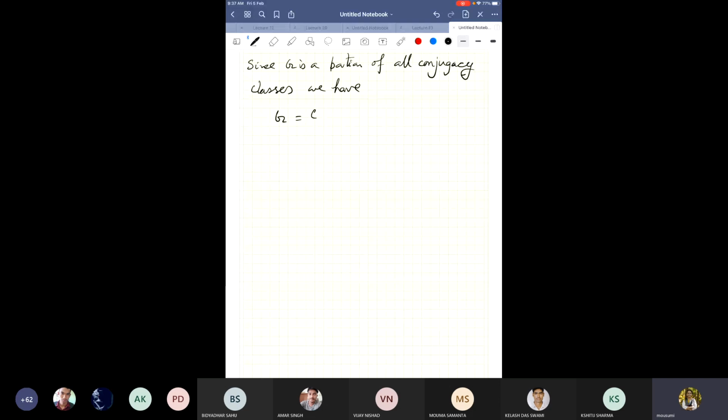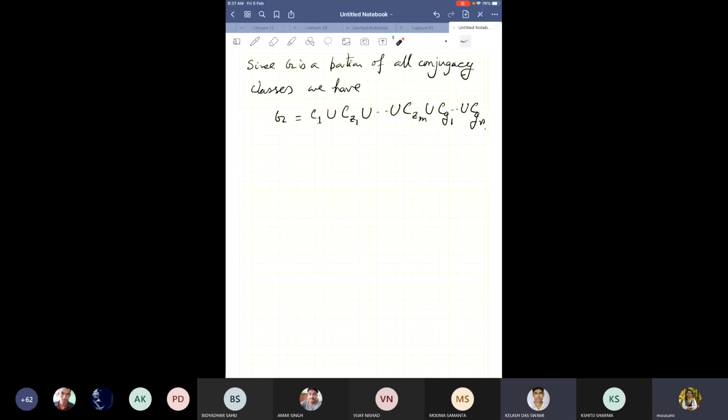One conjugacy class will be corresponding to identity, then there will be those corresponding to the elements of the center, and then there will be the other ones. Is it clear? Because for each element in the center, I will get a conjugacy class of size 1.